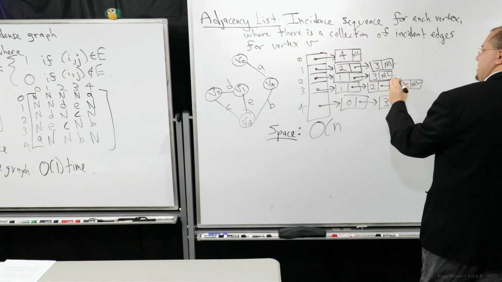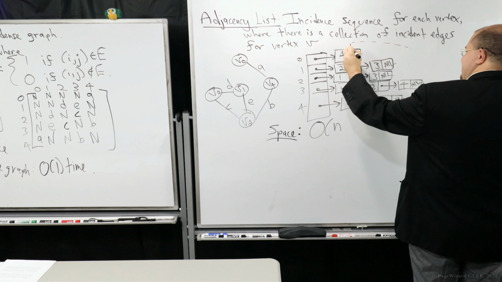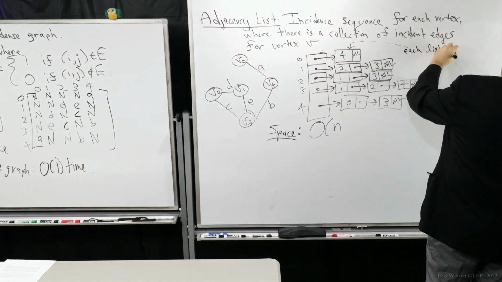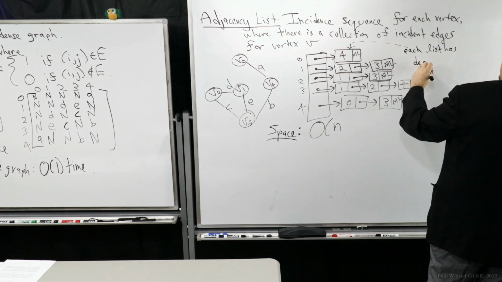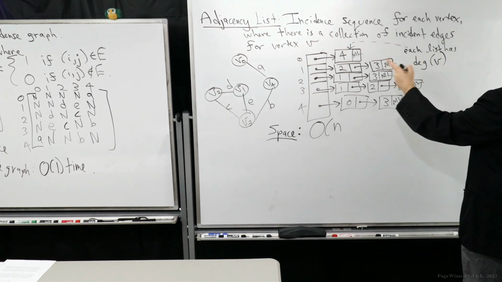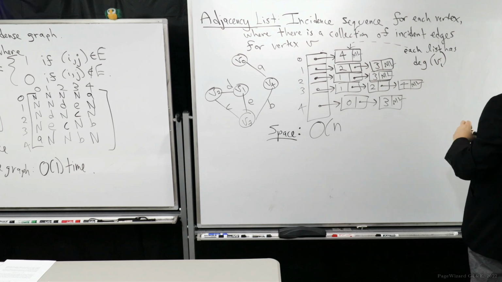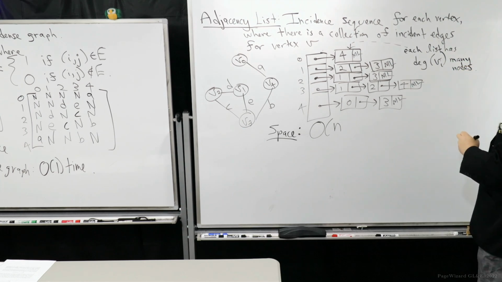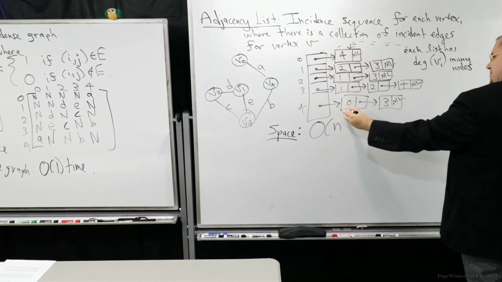So each list has the degree of some vertex, like say degree of vi, many nodes. But what is that if I add up all of these?